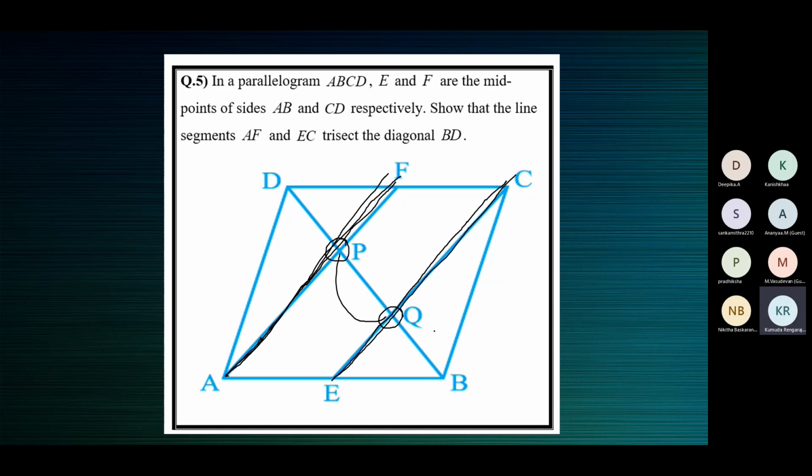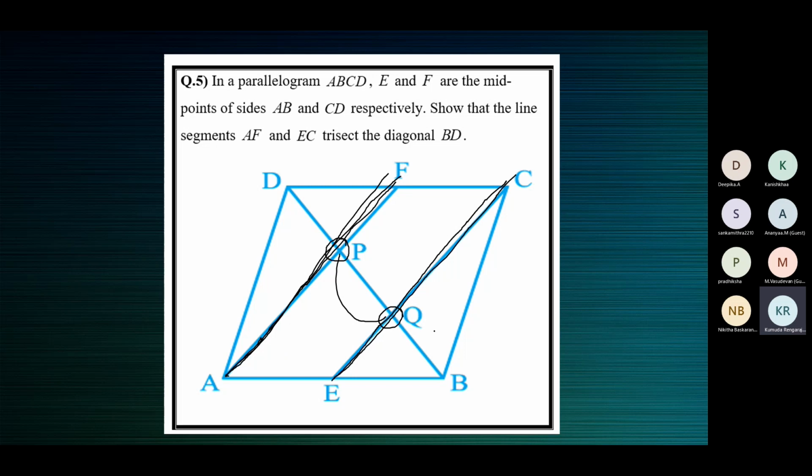We need to prove that the points P and Q, you can put it in 2 different ways. When you want to use the term line segments, you say prove that the line segments AF and EC trisect the diagonal BD, because AF is cutting BD and EC is also cutting BD.